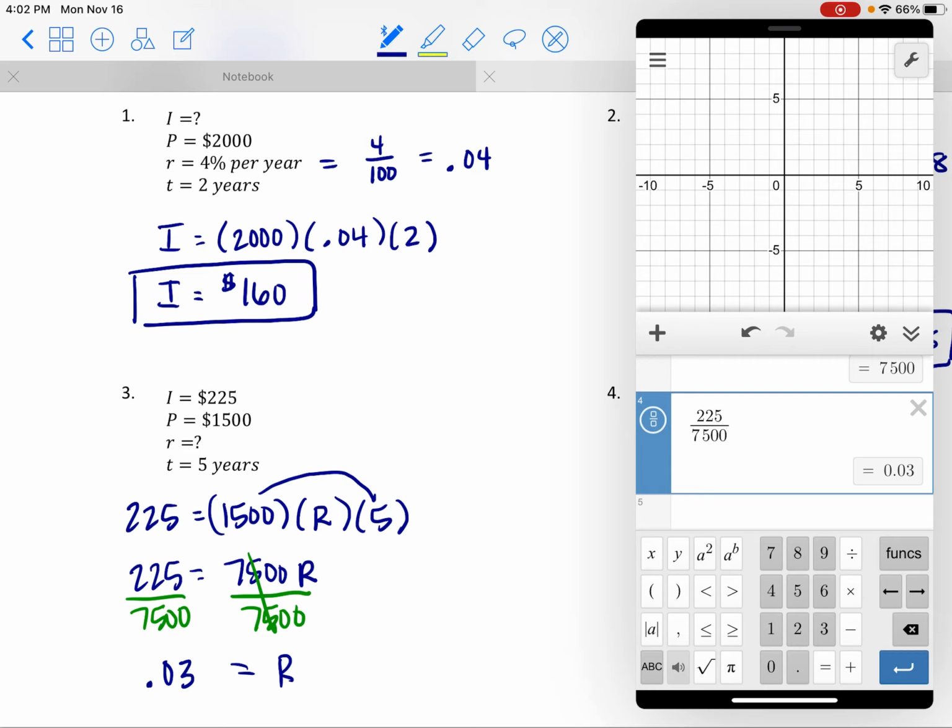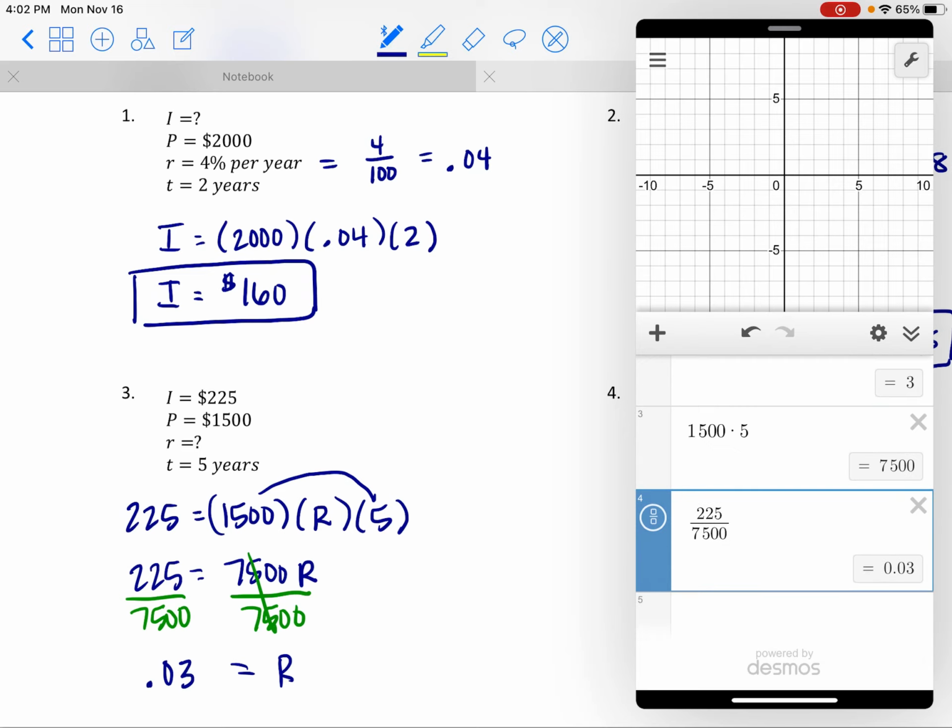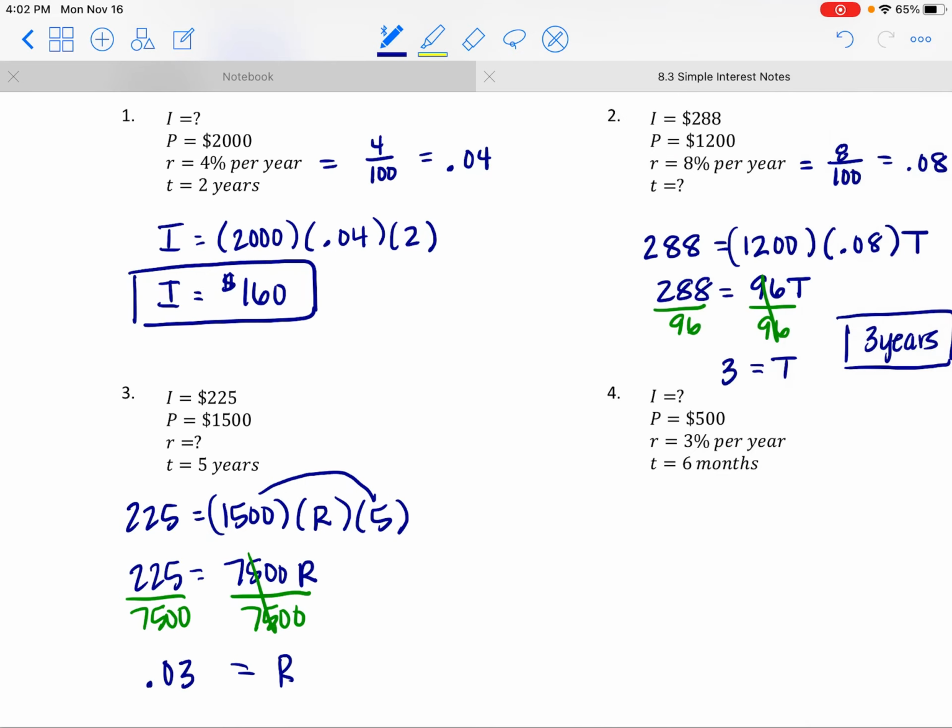So 0.03 as a fraction is 3 out of 100, which means we're looking at 3%. So 3% is our rate. So we turn it into a decimal to put it in the formula, and then we take it back to a percent when we take it out of the formula.